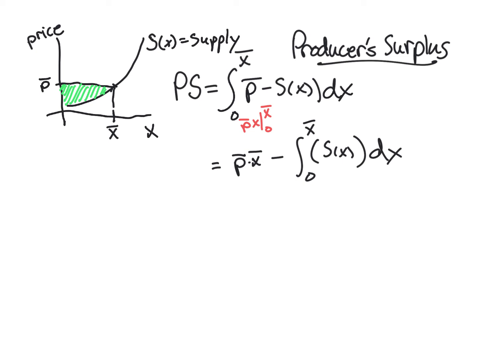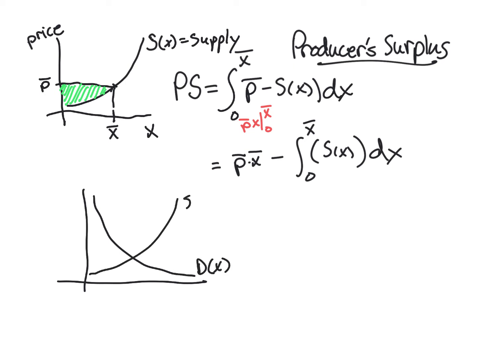Okay, what's the big deal about all this stuff, and where do these numbers come from? Well, if you look at the demand function and the supply function on the same graph, they cross at this perfect place.